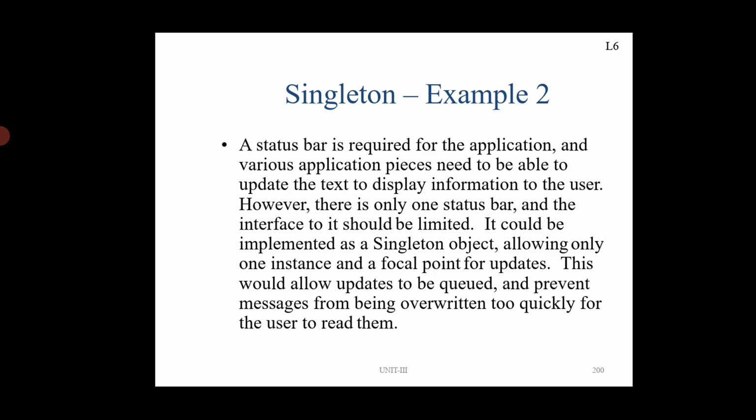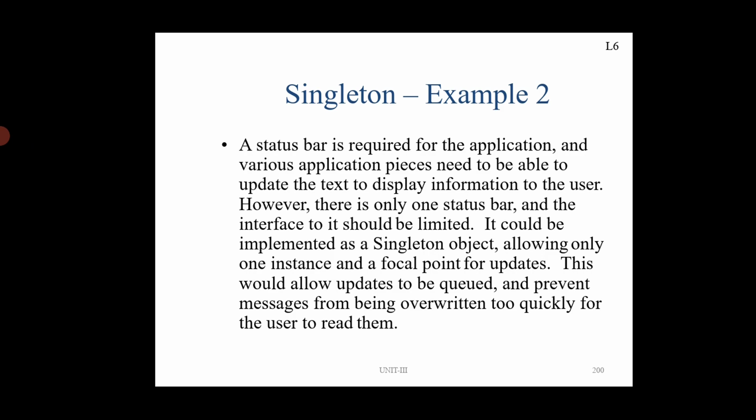There is only one status bar in the user interface, so it should be limited, and we could implement it as a singleton object, allowing only one instance as a focal point for changes. This allows messages to be queued, and we need to prevent messages from being overwritten too quickly for the user to read them.